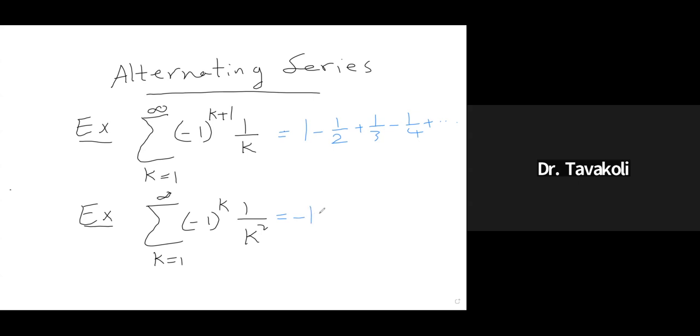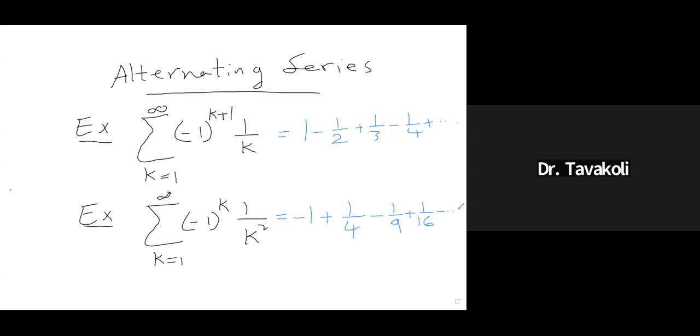But the second term, which is when k is 2, -1 to the power of 2 is 1, and 1 over 2 squared is 1/4. So I can keep going using the same pattern, -1/9 plus 1 over 16, minus, plus, minus, plus, and so forth. This is another alternating series.